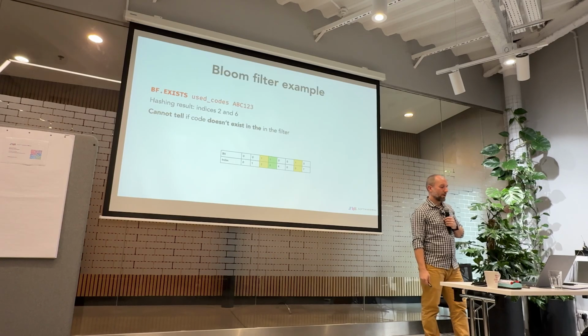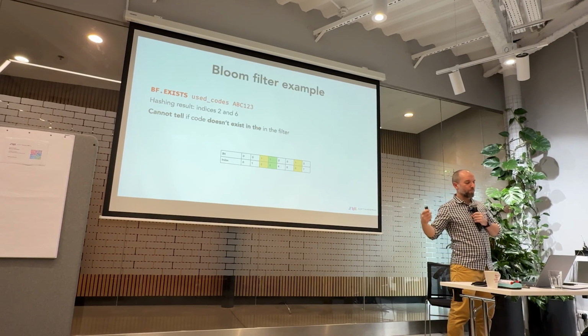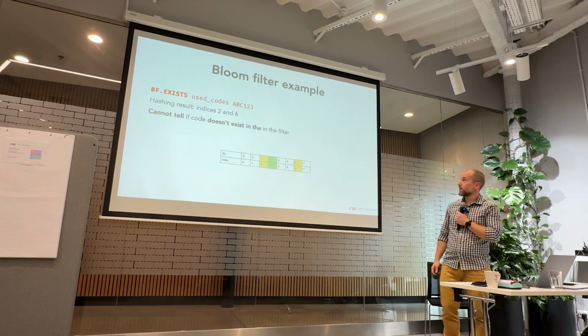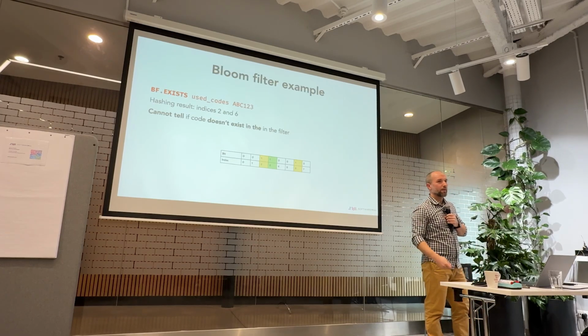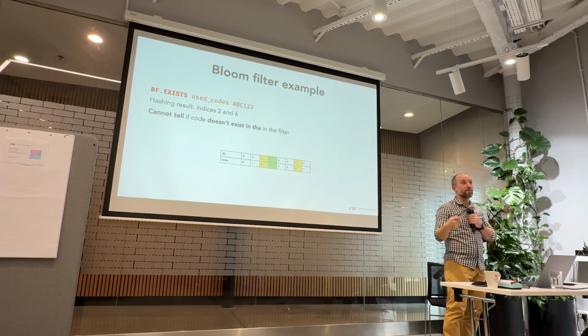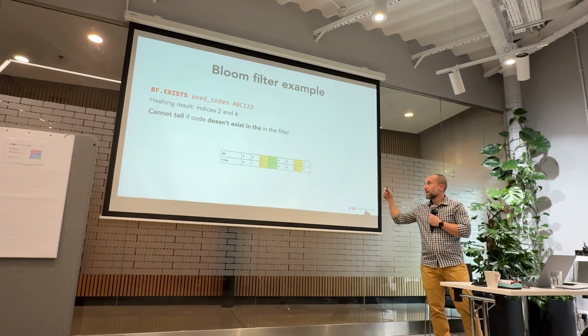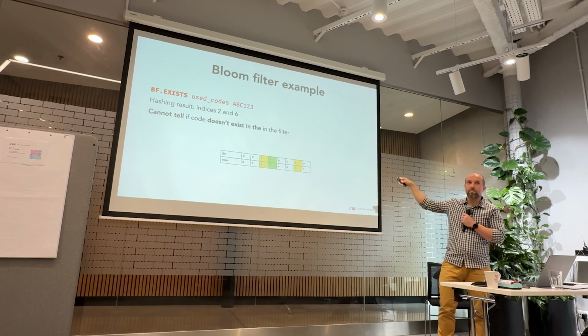And then we check the code that we put previously in the filter, ABC123. It gives us the indices 2 and 6, and we see that both of them are set to 1. That's why we cannot tell if this is the exact element that hit there, because as we remember from the previous slides, on index 6, I believe, there was yet another element that flipped the bit.